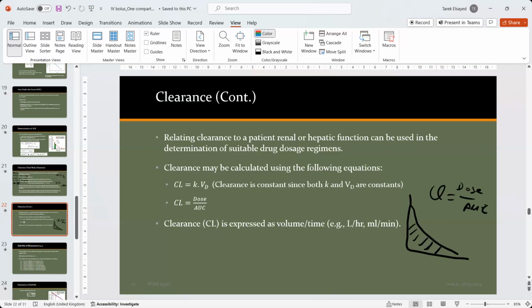Okay, what is the unit? K is hour to the negative 1. Vd is in volume units, maybe liter, maybe ml, so it is milliliter per hour, liter per hour, milliliter per minute, depends on the units used when you calculate. But it is always the unit of volume divided by the unit of time.